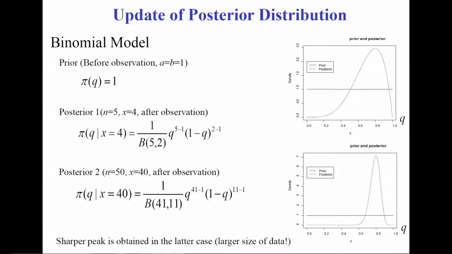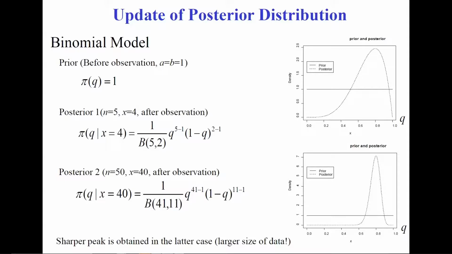Now let's see the posterior distribution using the conjugate prior. Here we deal with a binomial model as an example. First, in this binomial model, we set a uniform distribution as the prior. In other words, we set a equal b equal 1 in the conjugate prior.